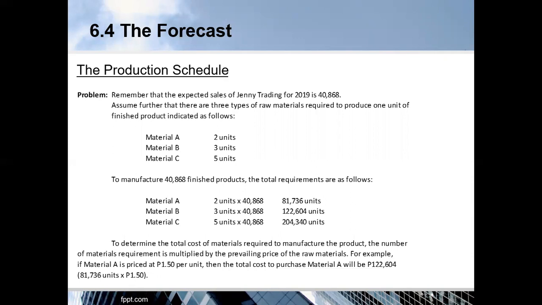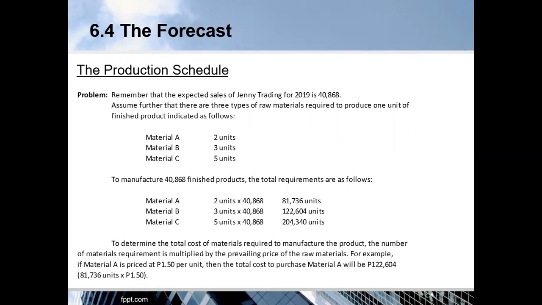Okay, remember that the expected sales of Jenny Trading for 2019 is 40,868. Assume further that there are 3 types of raw materials required to produce a unit of finished product, indicated as follows. For material A, we can produce 2 units.